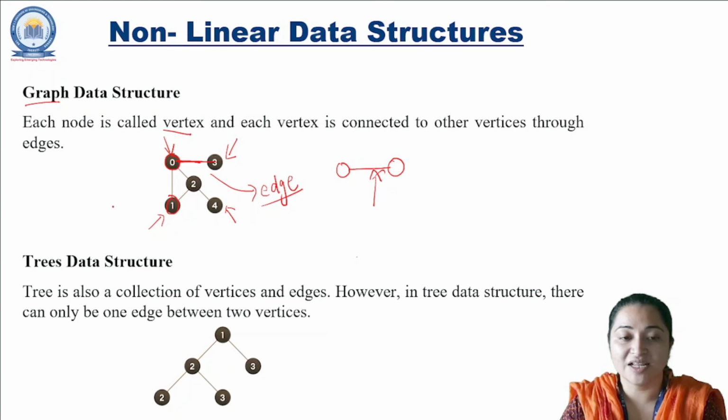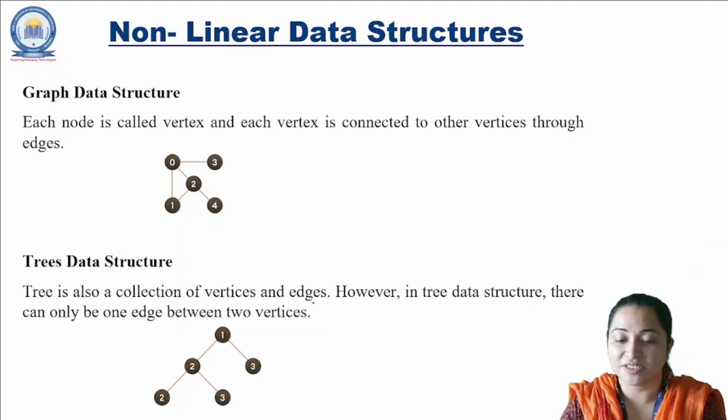Real life examples of graph data structures are maps. We can define different maps from one source to a destination. There may be different paths, and they may be represented using a graph. Let us now see tree data structure. A tree is also a collection of vertices and edges.